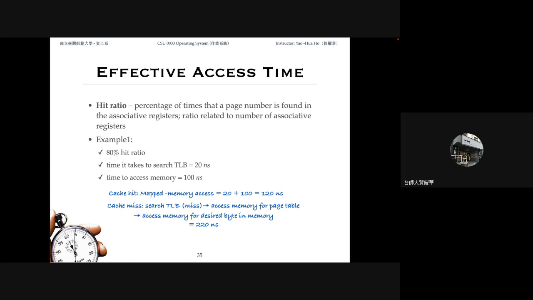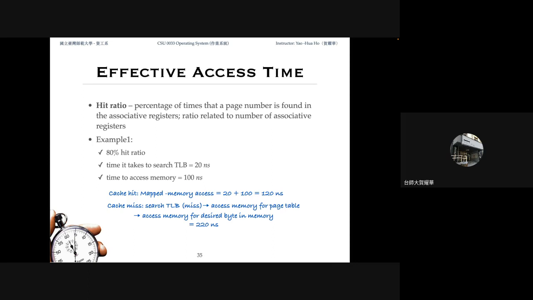Then I access the data in the main memory, which takes another 100 nanoseconds. So the total for a cache miss, accessing the cache, the paging table, and the actual data in main memory, is 220 nanoseconds.